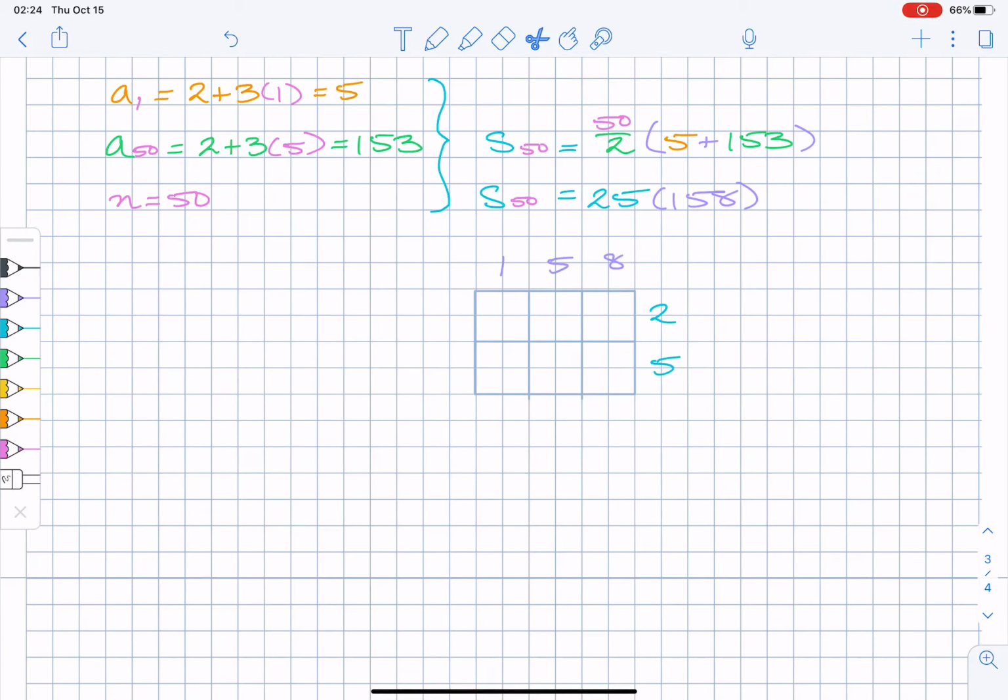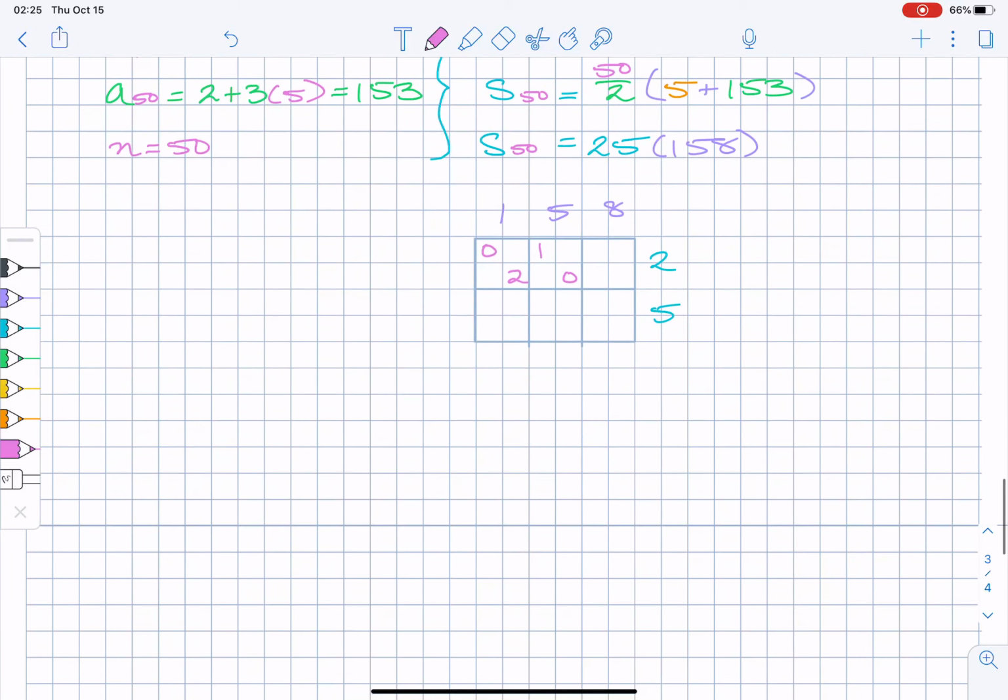What is 1 times 2? It's 2, so 0, 2. What is 5 times 2? It's 10, so 1, 0. What is 8 times 2? It's 16, so 1, 6. What is 5 times 1? It's 5, so 0, 5. What is 5 times 5? It's 25. What is 8 times 5? It's 40.